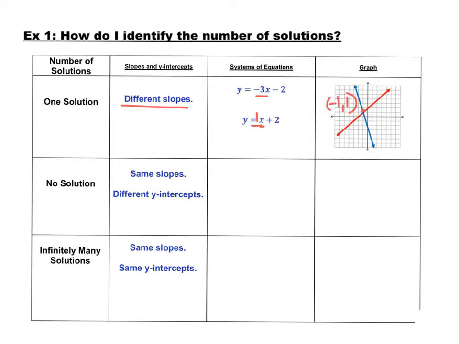So if you were asked what the solution to the system is, the point where they intersect is negative 1, 1. Let's also take a look at what it looks like within the equations we were just given. Remember, we started with y is equal to negative 3x minus 2.